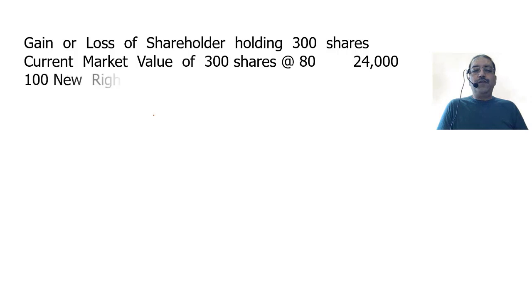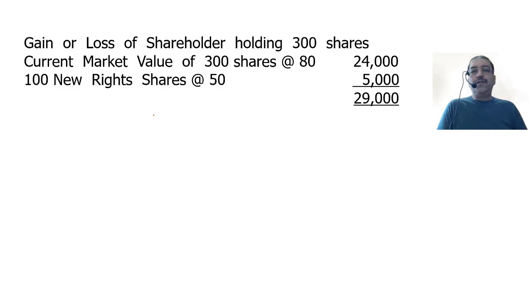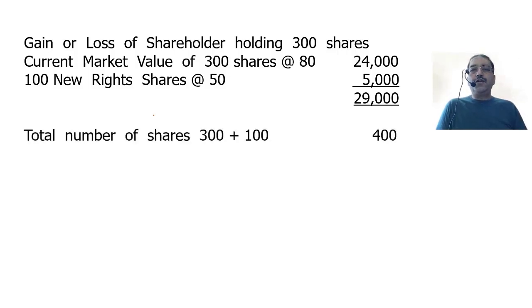Offer price 50 rupees, so the total amount comes to 29,000. First he was having 300 shares, now he is having 100 more shares, so total 400 shares.